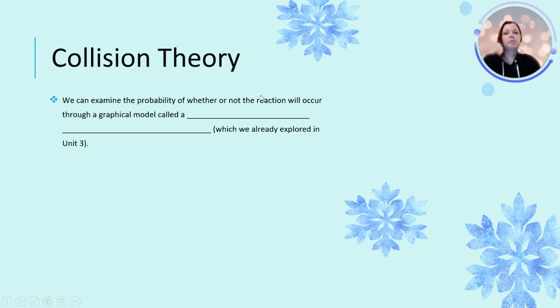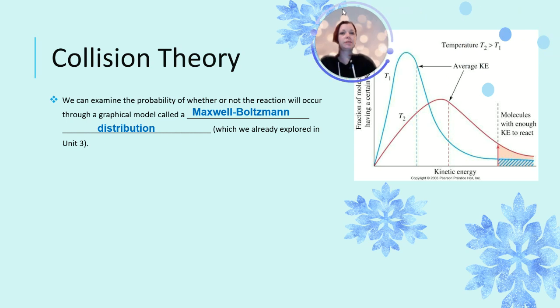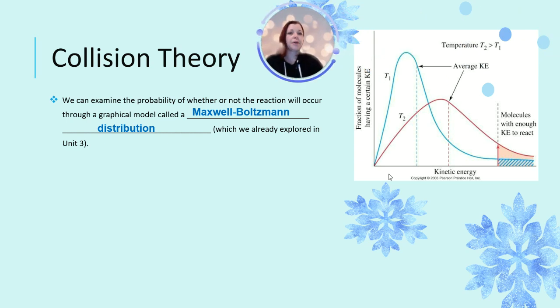So we can examine the probability of whether or not the reaction will occur through a graphical model called the Maxwell-Boltzmann distribution, which should look familiar because we already looked at these in Unit 3 when we were talking about gases. Before, we were talking about speeds of molecules based on temperature.